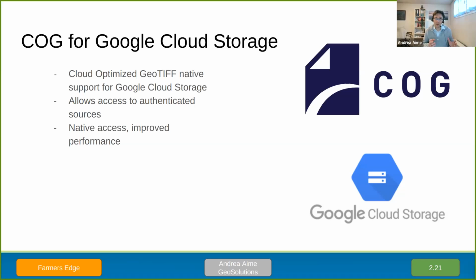You stick them on a blob storage, Amazon S3, Google Cloud Storage, Azure blobs, leveraging the cheap storage that they provide. And yeah, this COG support allows you to communicate and fetch data from S3 to GeoServer.